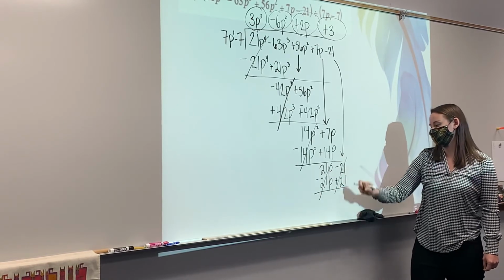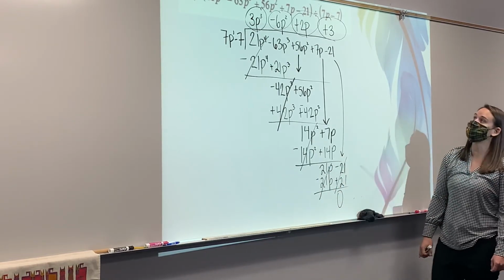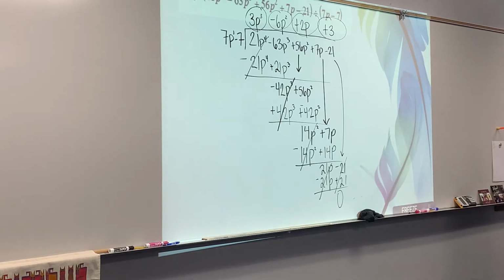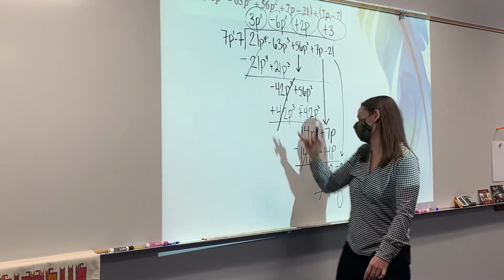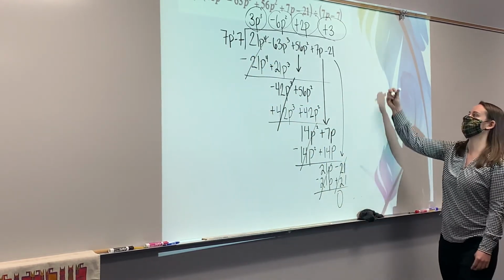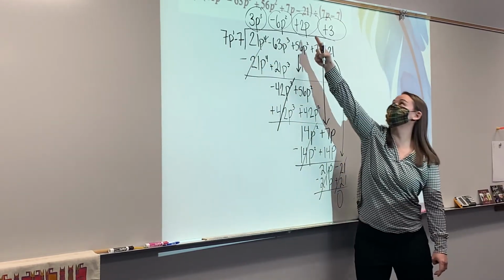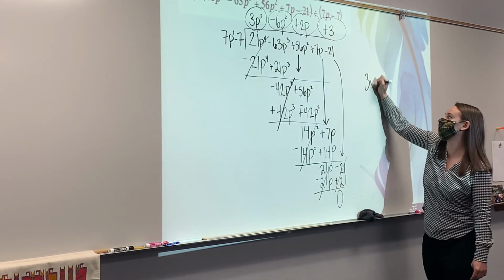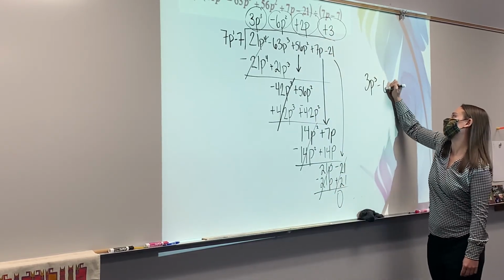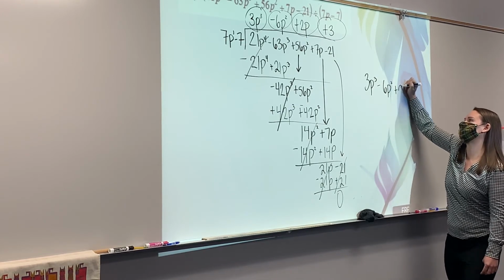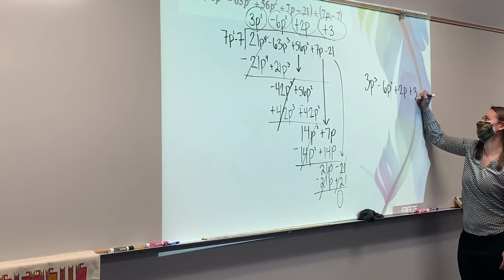Both of these things cancel and we have a 0, meaning that we have no remainder. All that work to say that our answer is this top solution with a remainder of 0. So our answer to this divided by that would be 3p cubed minus 6p squared plus 2p plus 3.